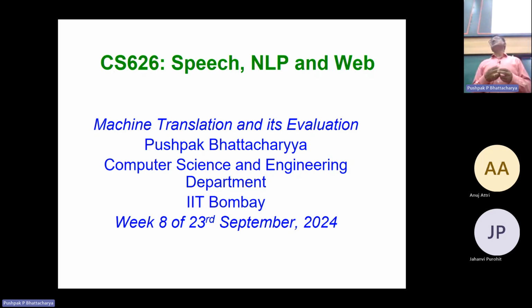There is one story which is actually not an actual occurrence. This never happened, but people created this story to underline the actual problems in machine translation. Maybe some of you have heard this. The story goes like this. There was an English to Russian and Russian to English machine translation pipeline.